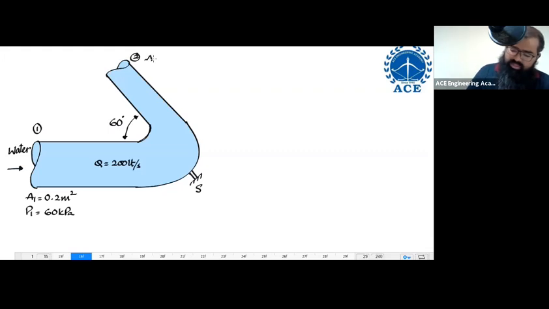The cross section area A2 over here is, let us say, some, I'm just taking some random numbers so as to create a question, 0.05 meters square. The pressure P2 over here, let us say, is equal to some 15 kilopascal.